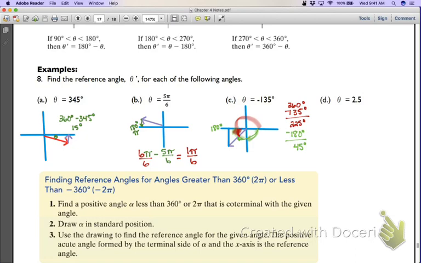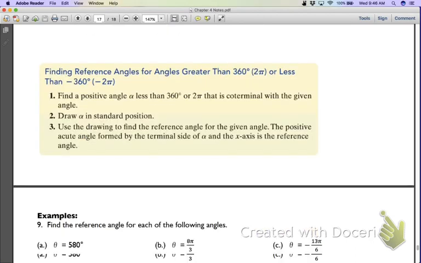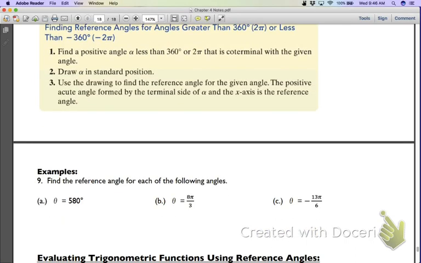So then, same way when you're kind of up against the clock here. Same way if you have angles that are over 360, or if you go in a negative direction that are more than 360, basically what you want to do is subtract or add 360 or 2 pi until you get it to a positive value.